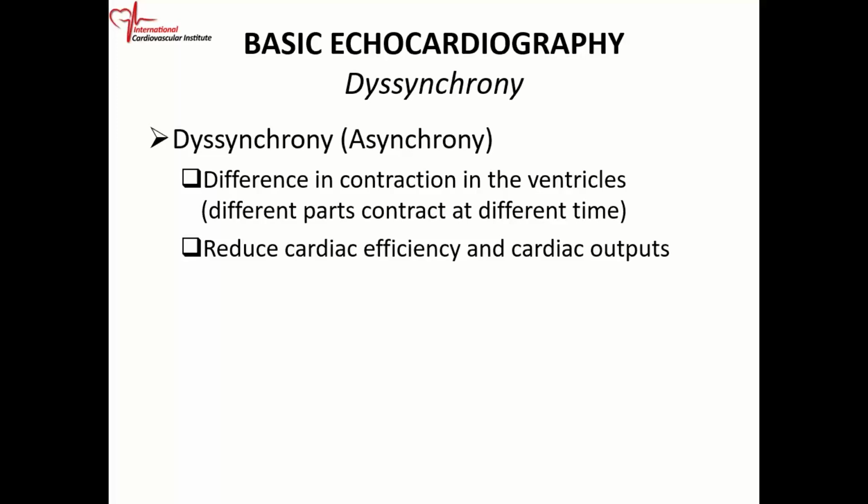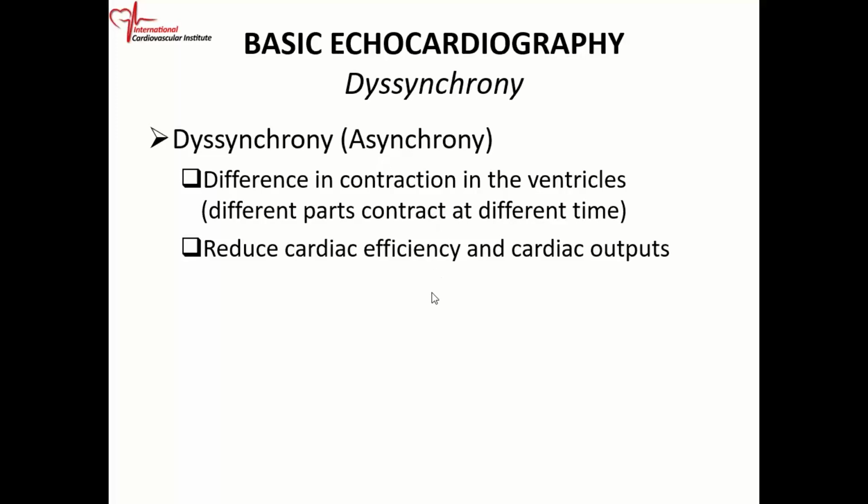If different parts are contracting at different times, then it's not going to mobilize maximum blood out of the heart. If dyssynchrony is present, then it's going to reduce cardiac efficiency and cardiac output. A practical way is just to do your echo pre and post.